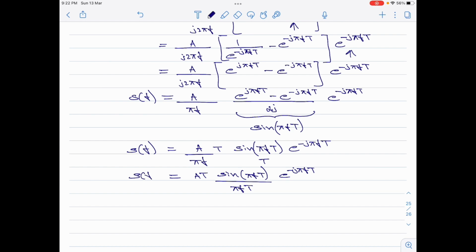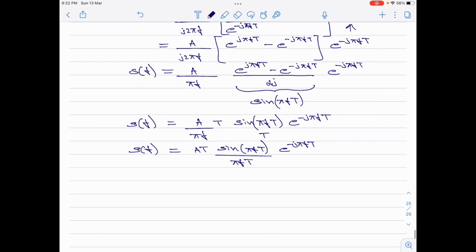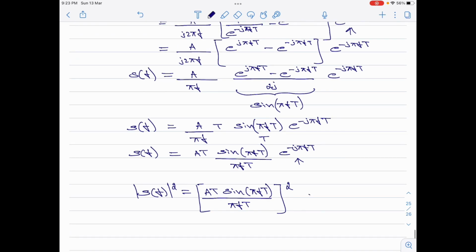So, this is the expression for s of f. Therefore, the value which we are seeking after, which is magnitude square of s of f, will become at into sine of pi f capital T divided by pi f capital T whole square. The exponential term here is eliminated because we are going to take the magnitude square of s of f here. Let me call this as equation 5.